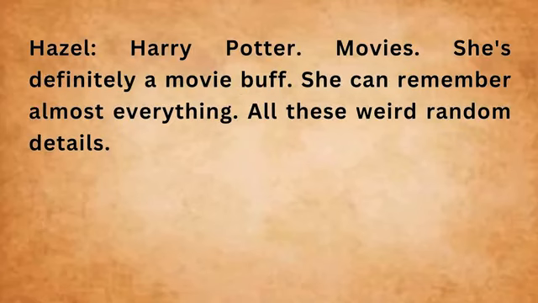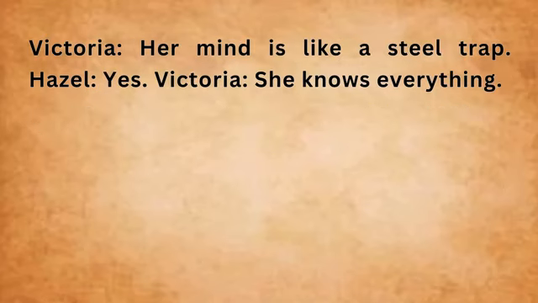That kind of stuff. Hazel. Movies. She's definitely a movie buff. She can remember almost everything, all these weird random details. Victoria. Her mind is like a steel trap. Hazel. Yes. Victoria. She knows everything.